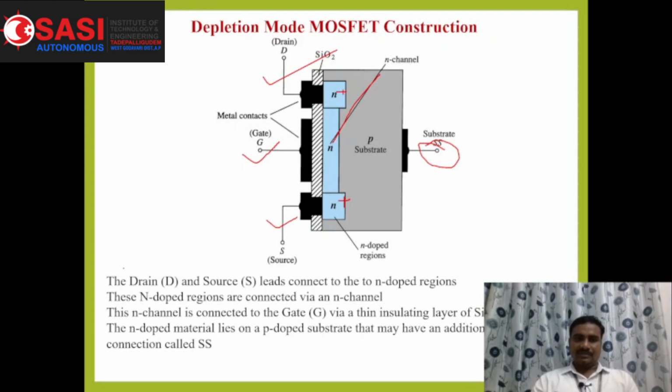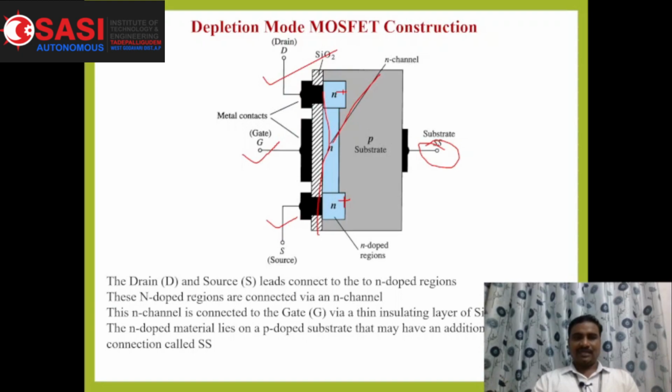Therefore the drain and source leads connect to the N-doped regions, and these N-doped regions are connected via the N channel. This N channel is connected to the gate via a thin insulating oxide layer. So in between this N channel and the gate terminal, there is a silicon dioxide layer.